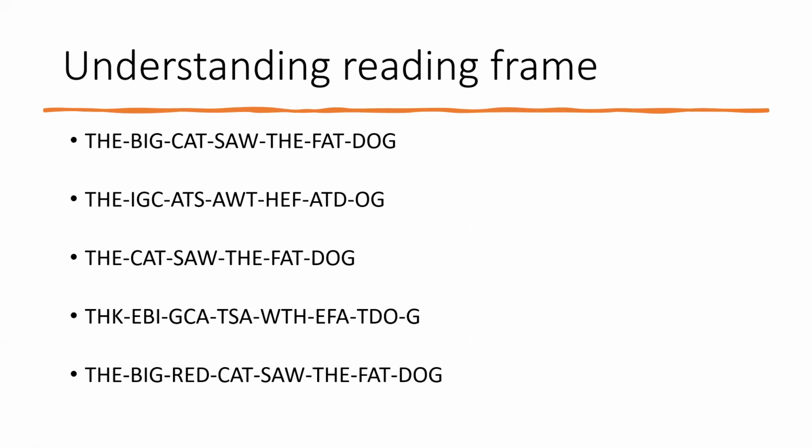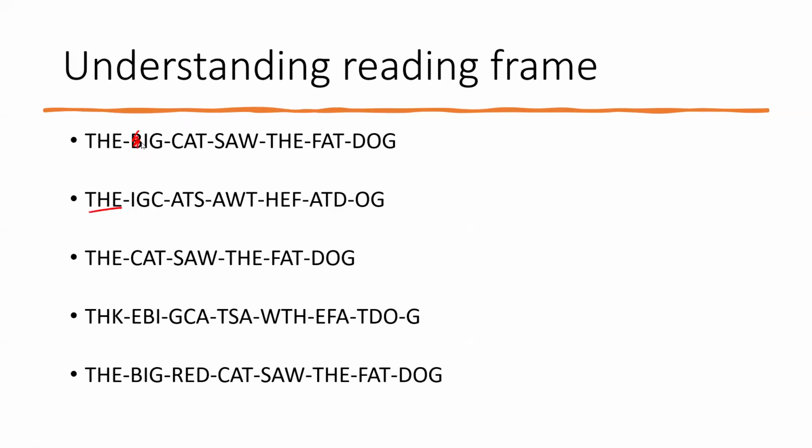So let's, for example, pretend we can only read words in 3 letter intervals. So the first sentence here, all the words are 3 letters, and we can read it just fine. The big cat saw the fat dog. Now let's take a look at the next sentence. Suppose I take out the B, then what does the sentence become?